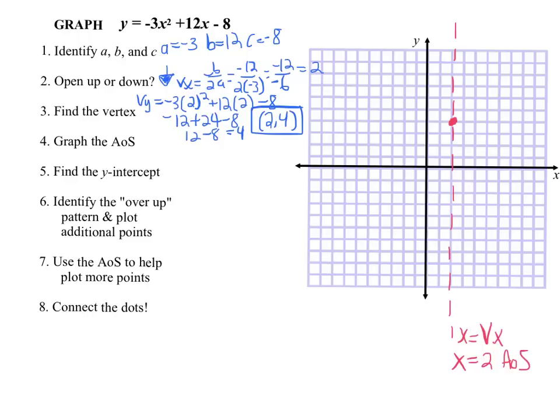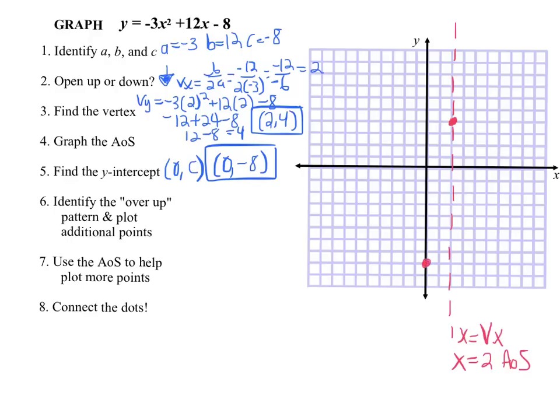Next, I'll find the y-intercept. Remember, the y-intercept is the point at which x equals 0, or 0, c, the value of c, which for this example is 0, negative 8. By plotting that, I'm going to start at the origin. I won't move any direction in the x-axis, but I'll go down 1, 2, 3, 4, 5, 6, 7, 8.